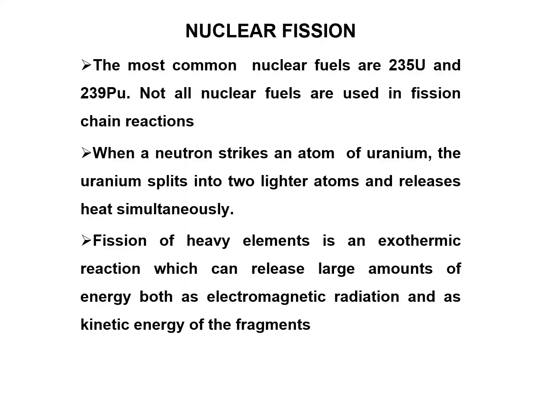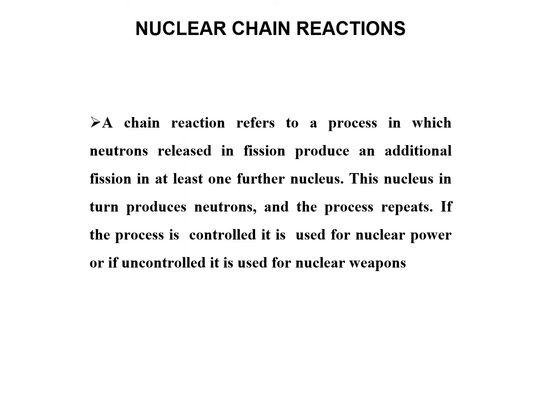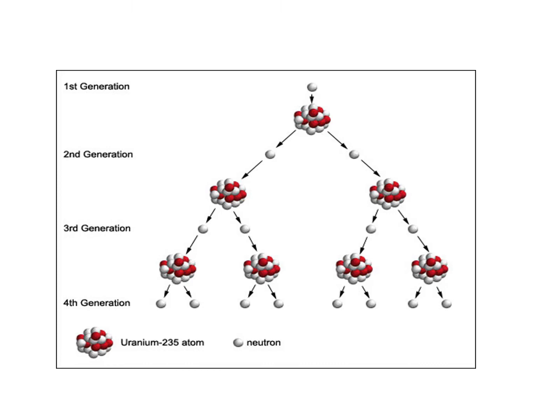Yes, this is the nuclear fission and the nuclear chain reaction. Now we are going to see the chain reaction. Look at this: when a slow neutron irradiates the nucleus of uranium-235, it will release two neutrons, and subsequently those neutrons hit other nuclei of uranium-235, which will release another two neutrons each.